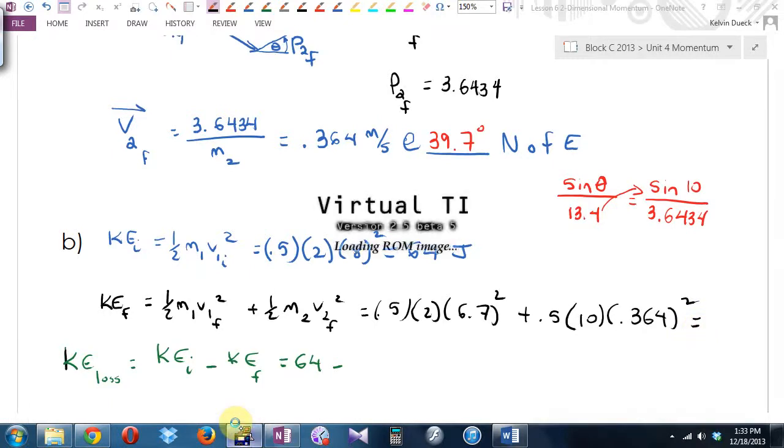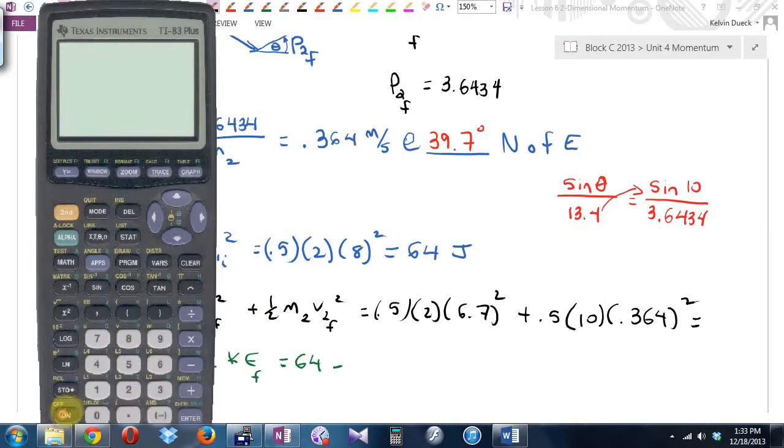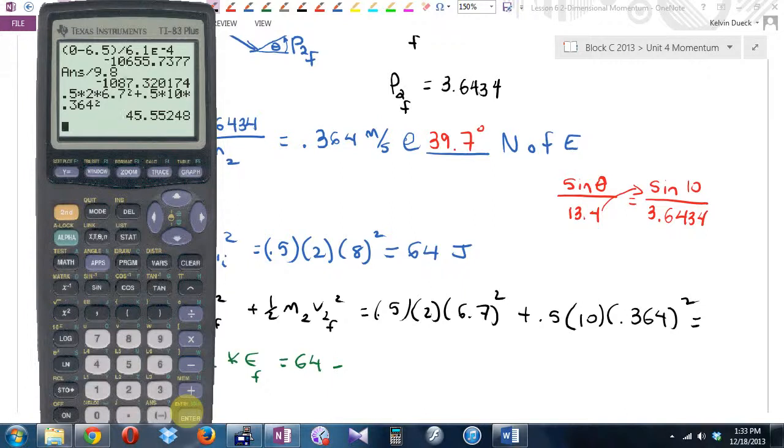I'm not sure I can do this one in my head quite as conveniently. 0.5 times 2 times 6.7 squared plus 0.5 times 10 times 0.364 squared. Do you get 45.55 joules of kinetic energy after the collision? Is that right?